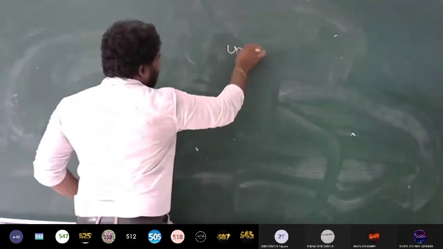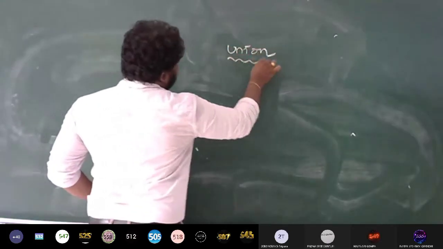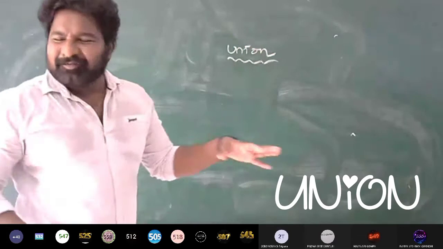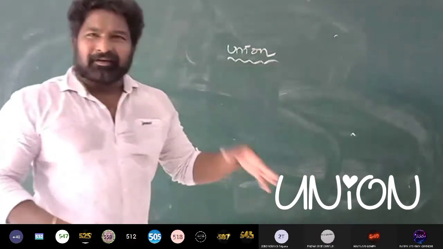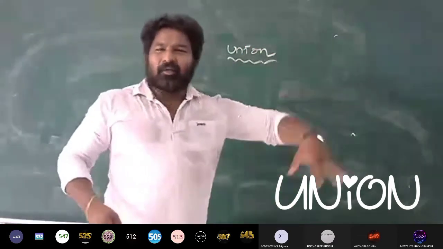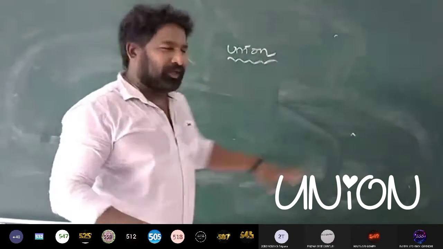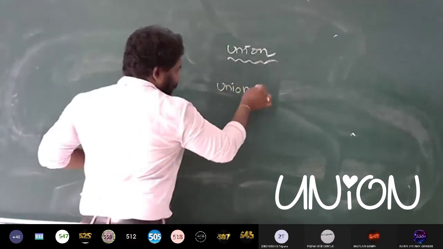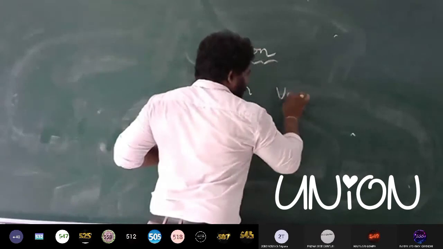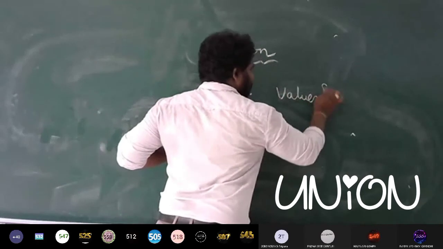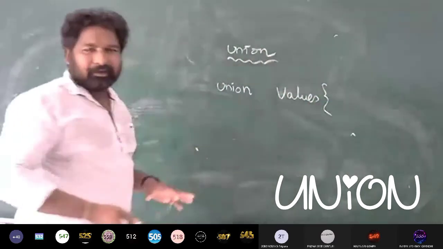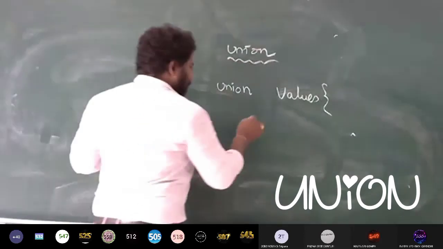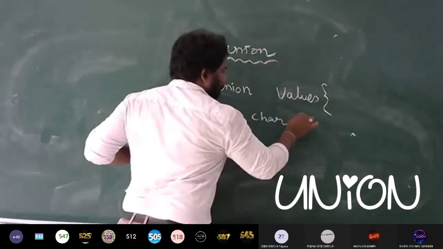Okay, next one is called union. Union is similar to structure. The difference is we use another keyword called union, right? Union is the keyword to declare a union variable. I'm creating a union with values. Values is its name. Then I am having three different variables.